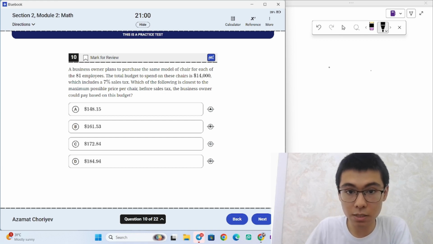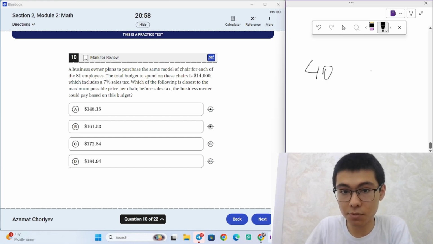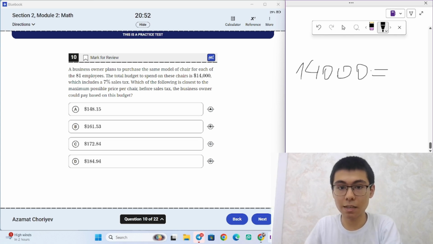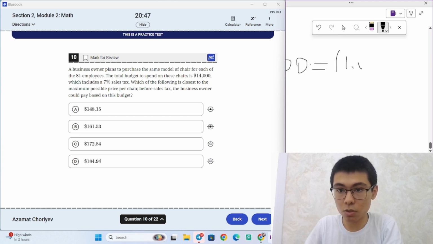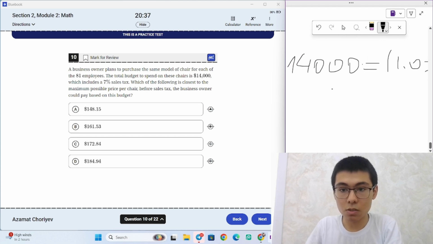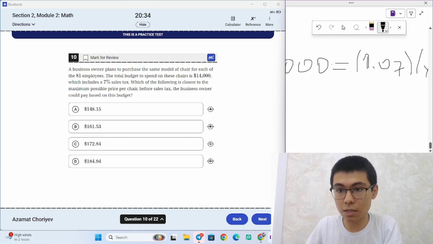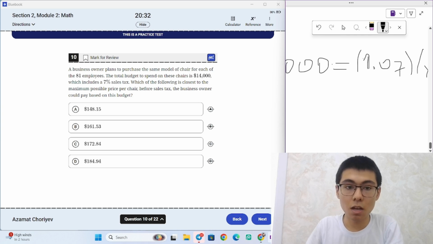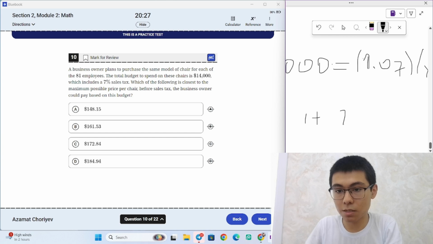So here we have 14 thousand, and this will equal 1.07 multiplied by x, and this is also gonna be multiplied by 81 because there are 81 employees. So why 1.07? Because there is a 7 percent sales tax, and what we did was 1 plus 7 divided by 100, so I got that number.